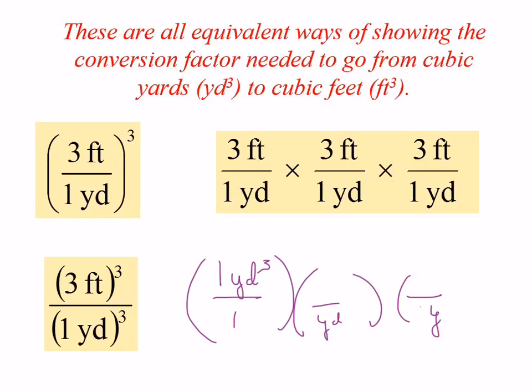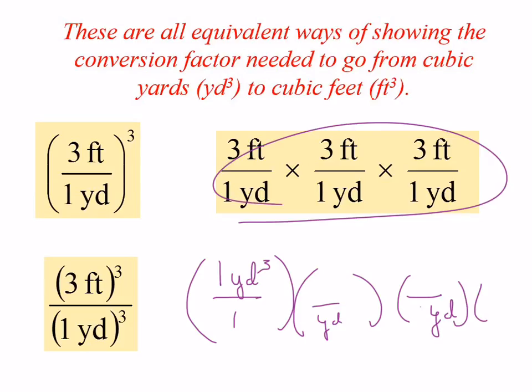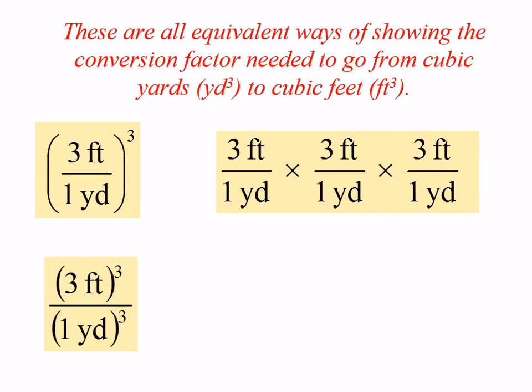And that's exactly what we have right here. Put 1s there and put 3 feet up here. And voila, our 3 units of yards cancel with these 3 down here, and we have feet times itself 3 times, which is feet raised to the 3rd power.